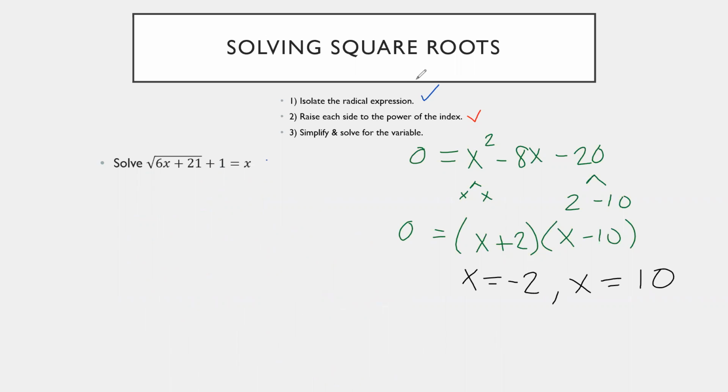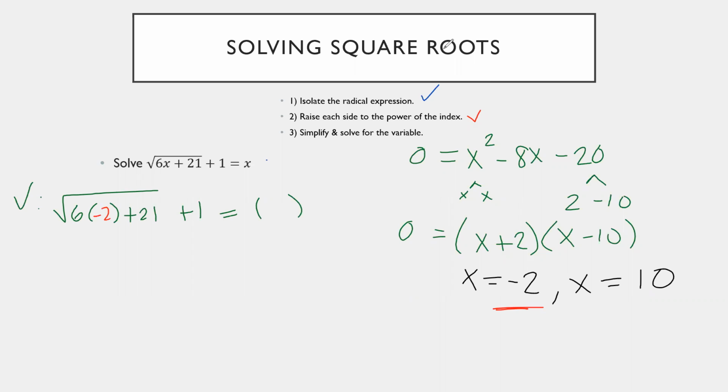Okay, so before we decide for sure which ones work, we have to check that they're not extraneous. In the original problem, the square root of 6 times x plus 21 plus 1 on the outside is equal to x, okay? So we're going to plug in negative 2 first. It's just the first number that appears there.